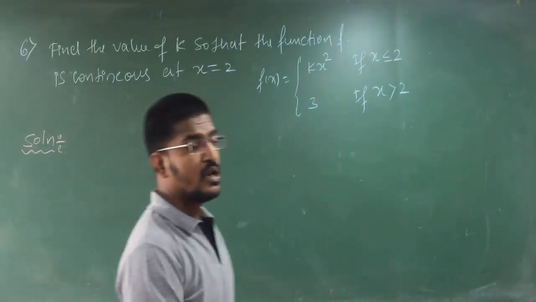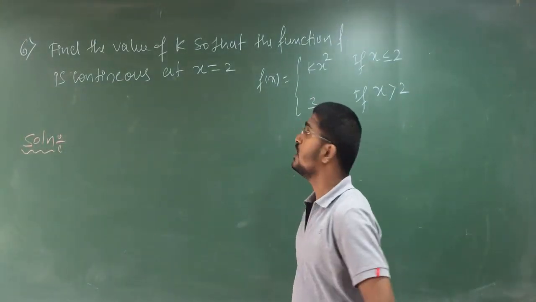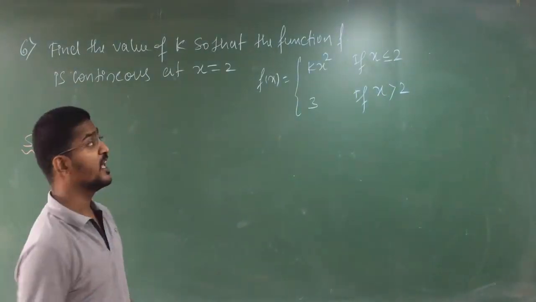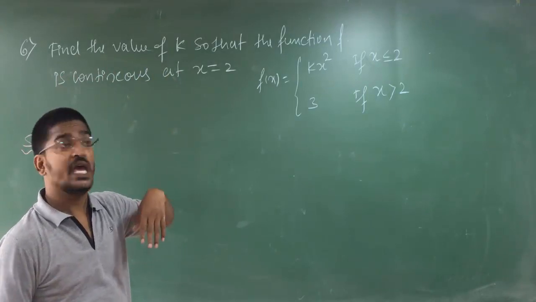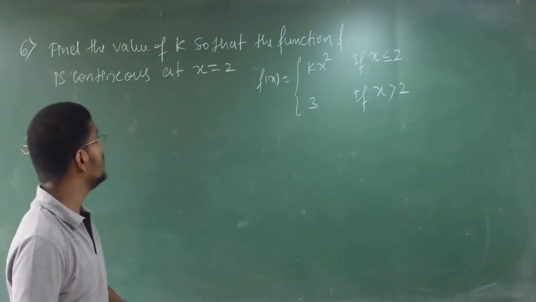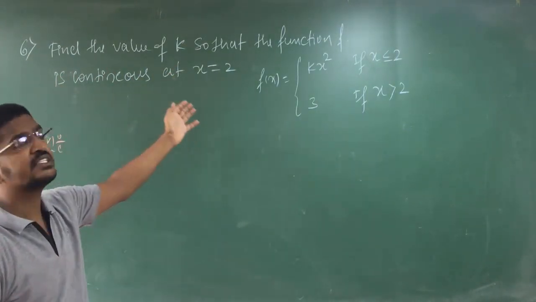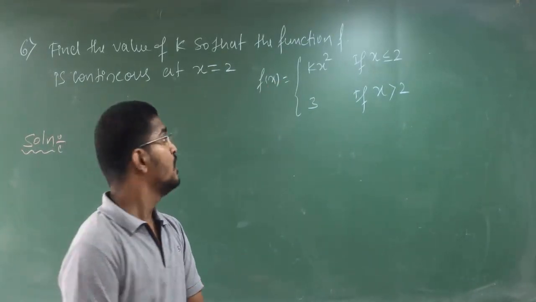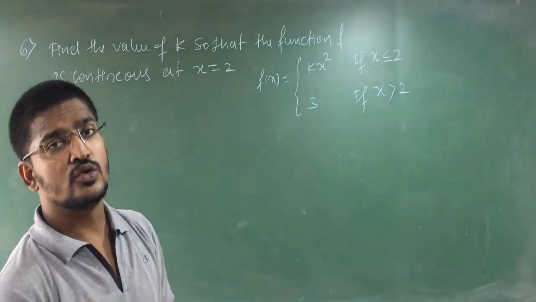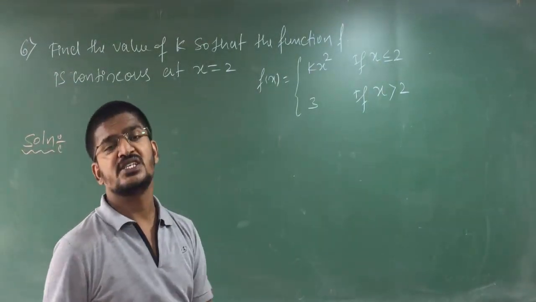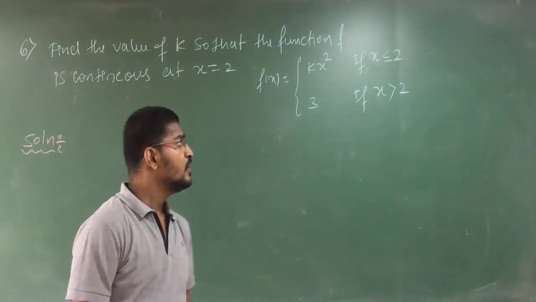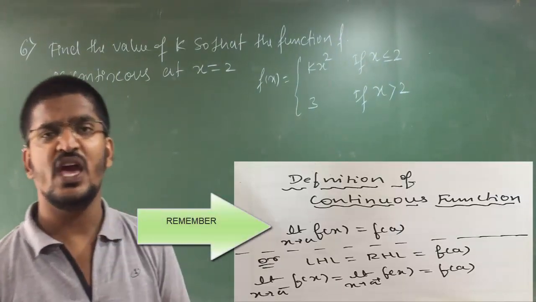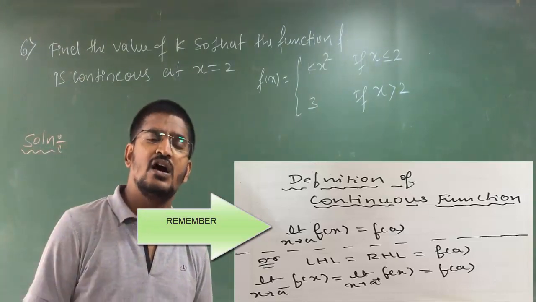Okay, students. Now let us go for the sixth problem. Again, same as the previous problem, find the value of k so that the function f is continuous at x equal to 2, for f of x equal to kx square if x is lesser than or equal to 2, 3 if x is greater than 2. So let us use again the same definition of continuity, limit x tending to a, f of x equal to f of a.